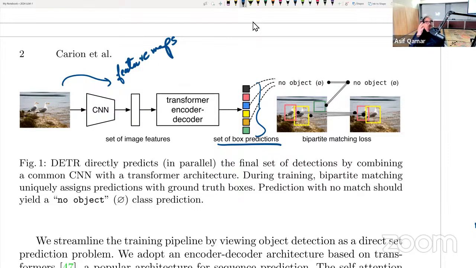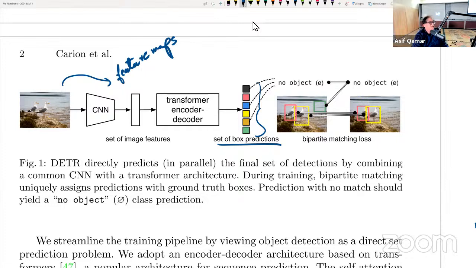Which is why people, if you look at the older approaches, they always treated it as a 2-stage process. First, solve the regression. What are the regions of interest? What are the bounding boxes? And then secondarily answer the question, okay, now what exactly is in this bounding box? You see that, right? Now, this paper also claims that this architecture does it in parallel. Namely, it will shoot out all the 6 bounding boxes in parallel.